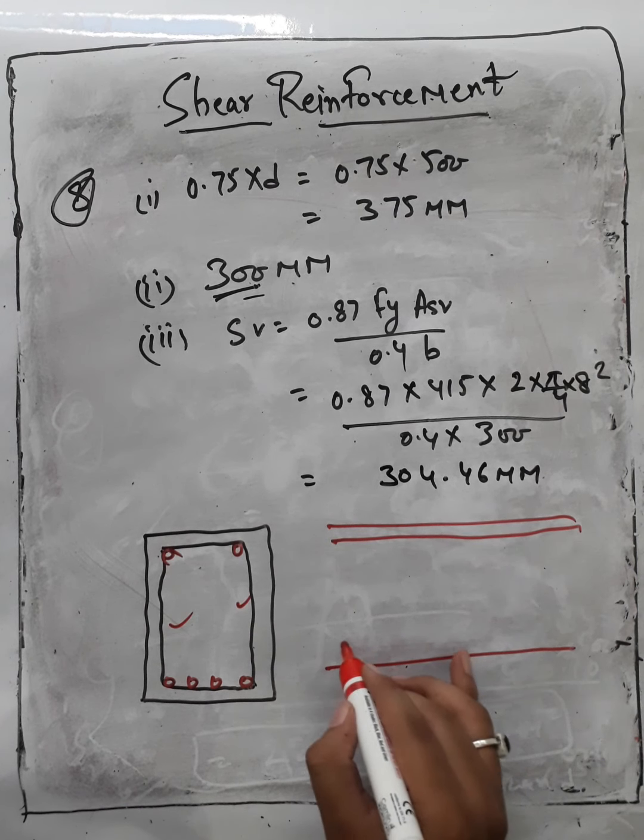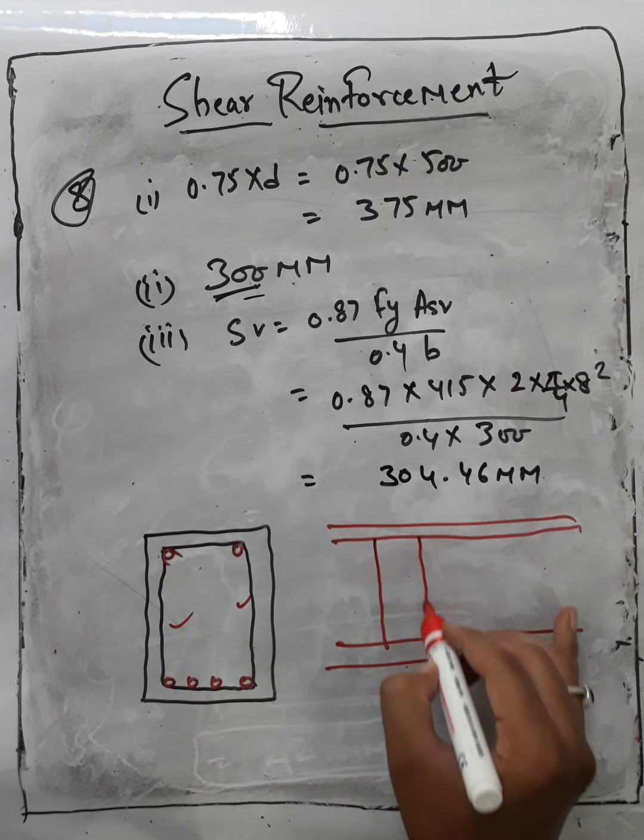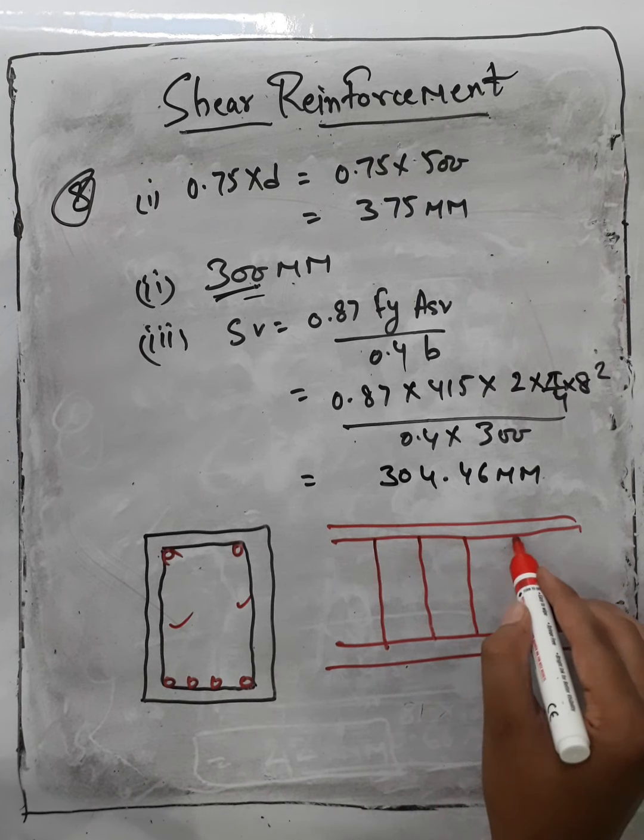This is the secondary bar, this is the main bar, and here we have provided the vertical stirrup.